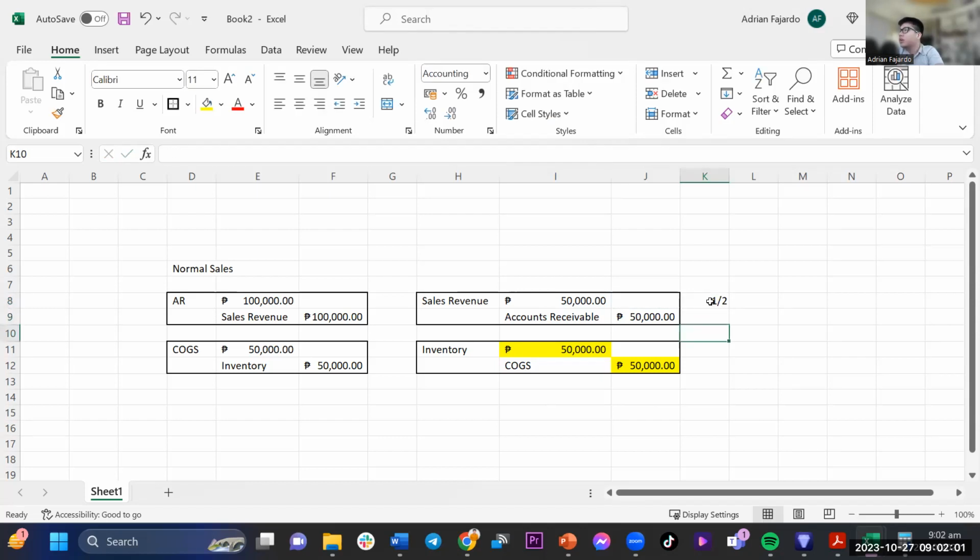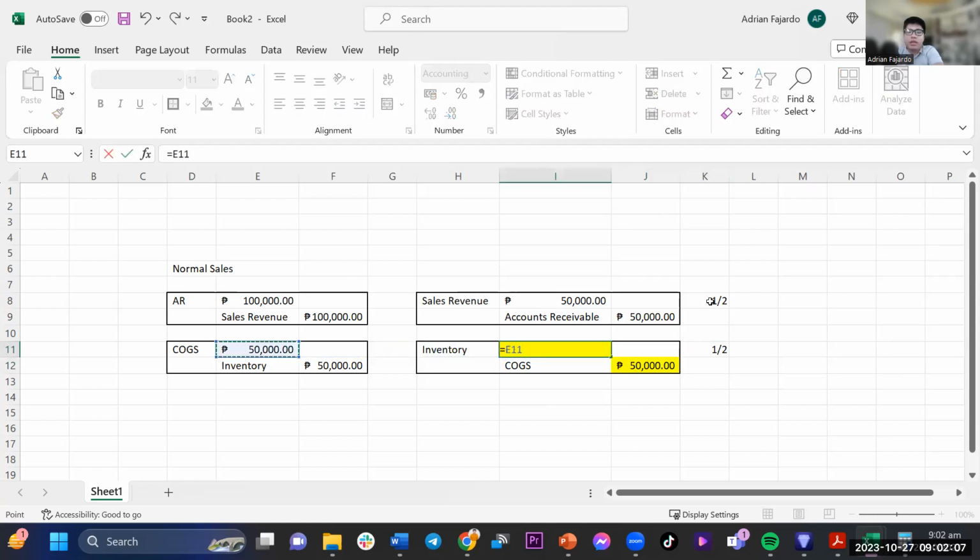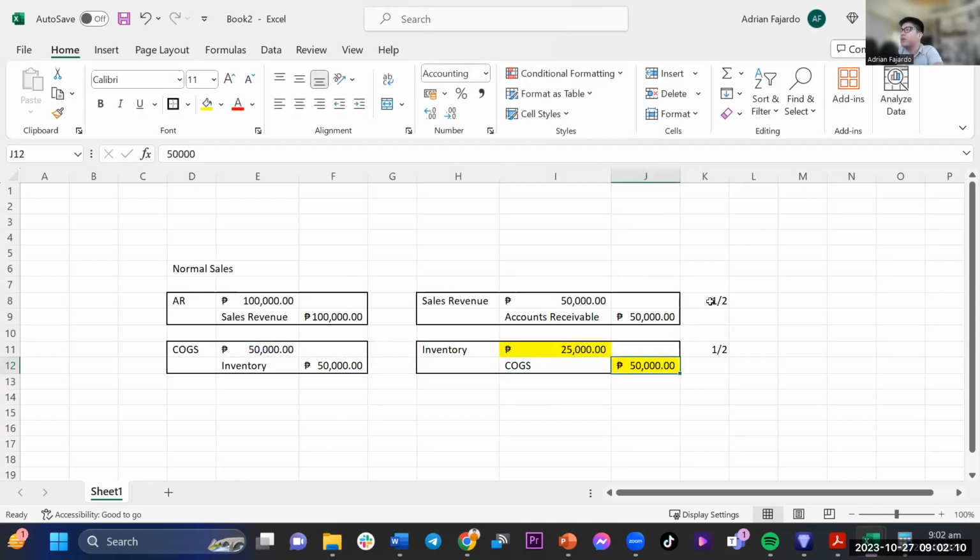So therefore, yung ibabalik mo lang would be 1/2. So therefore, it's 25,000. So normally, ganito yung expectation natin. 3 out of these 4 accounts are correct. Ano lang yung iba? This sales revenue.